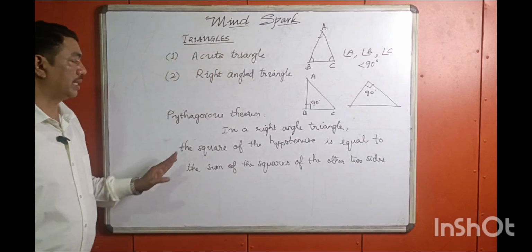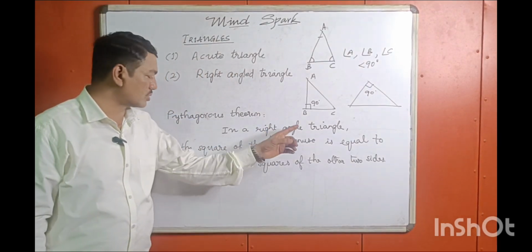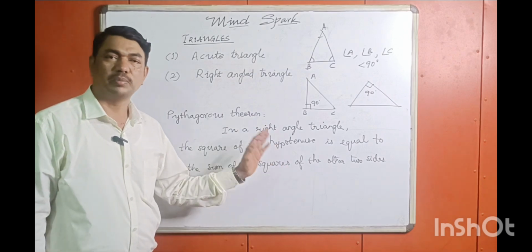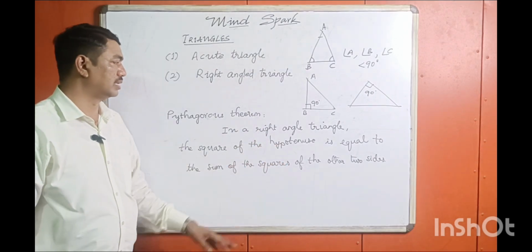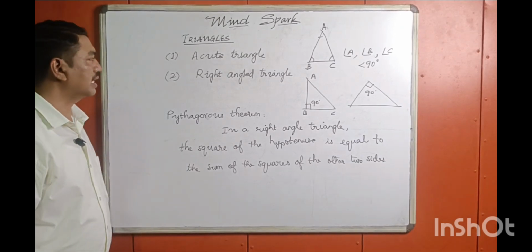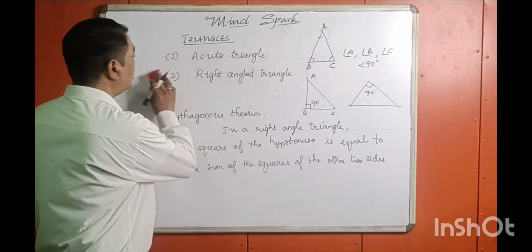Okay, so Pythagoras theorem states that in a right angle triangle, the square of the hypotenuse is equal to the sum of the squares of the other two sides. That is the Pythagoras theorem for a right angle triangle. Okay, so next coming to the equilateral triangle.